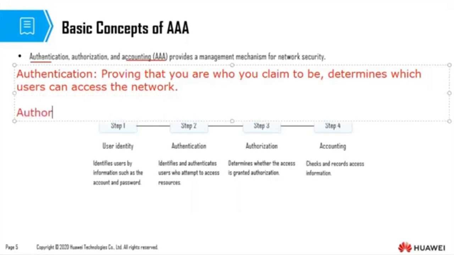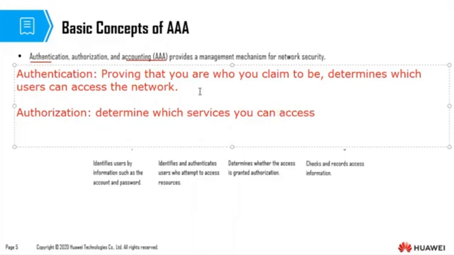Then we have authorization. Now, after we've proved that you are who you are and you're allowed to access our network, then authorization will determine which services you can access. I normally give an example when I talk about authorization of a visitor. If a visitor knocks on my door, I'll ask who's there. They'll tell me it's Anthony.